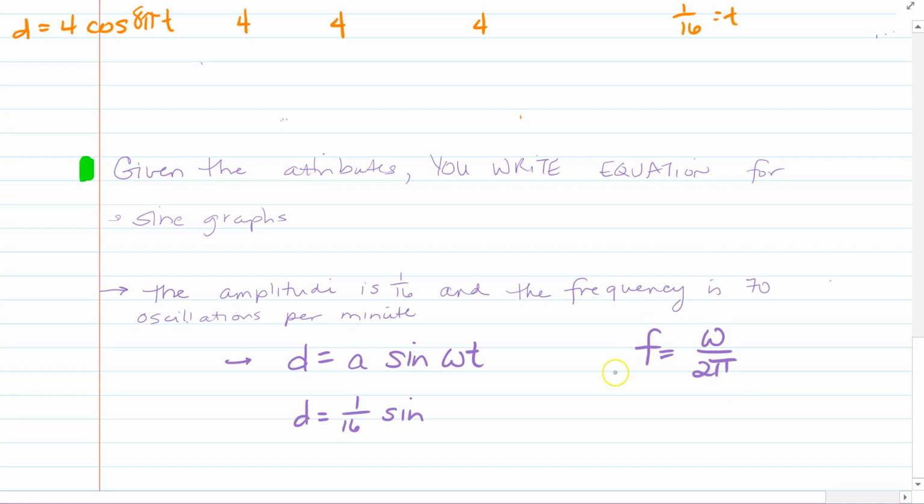So I'm going to replace the f with 70, 70 equals omega divided by 2 pi. I'm going to multiply both sides by 2 pi to find out what omega is: 140 pi is equal to omega. So I put 140 pi times t. And that's what you do.